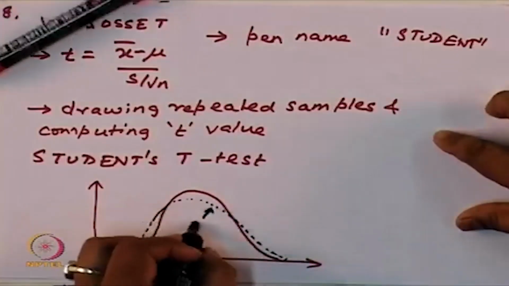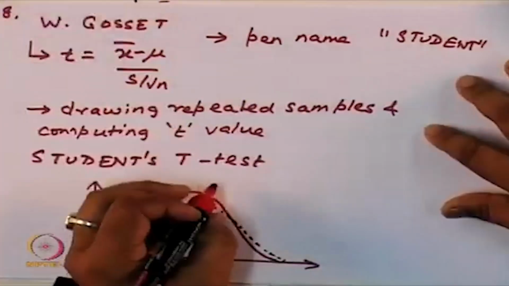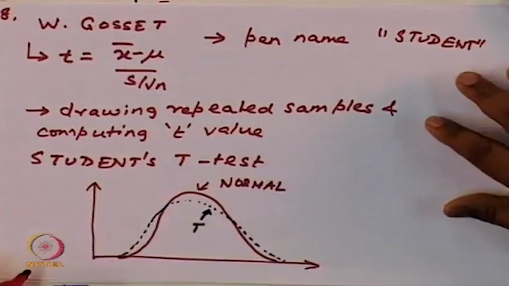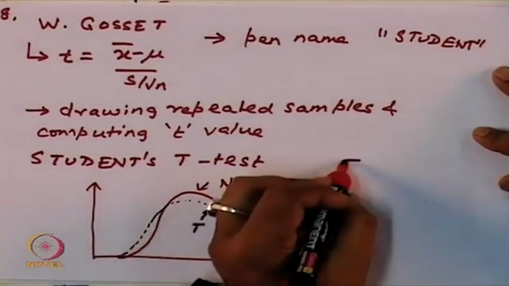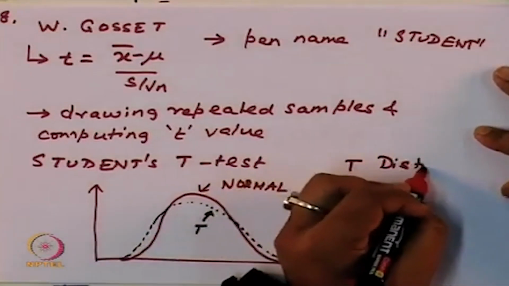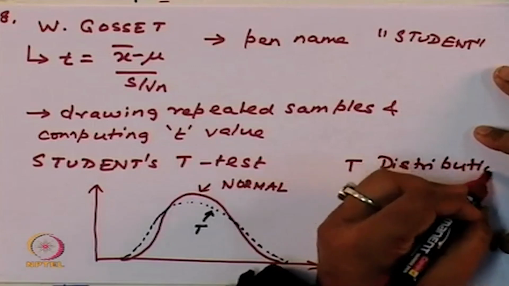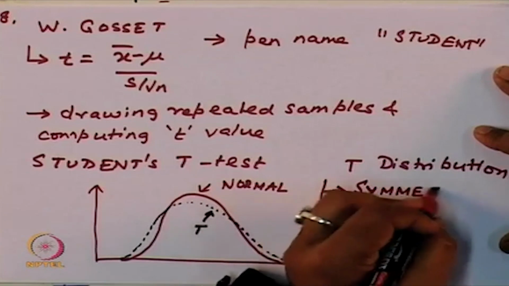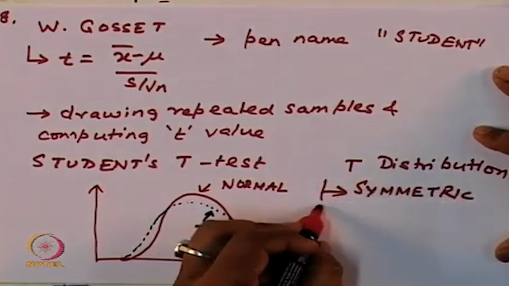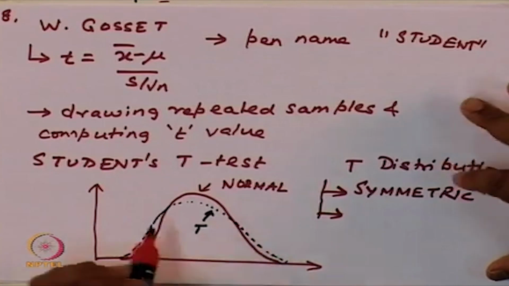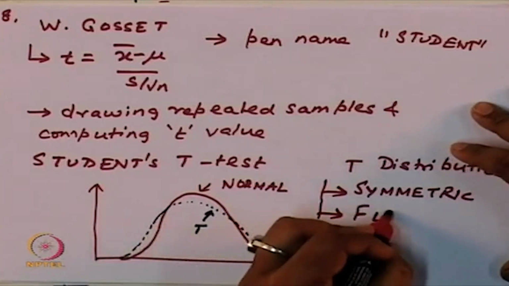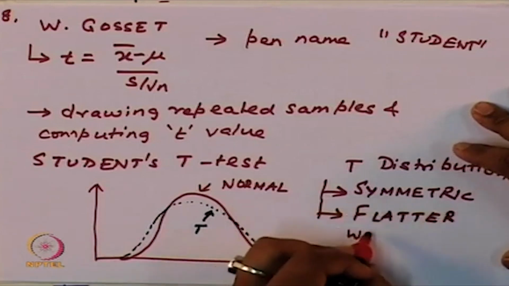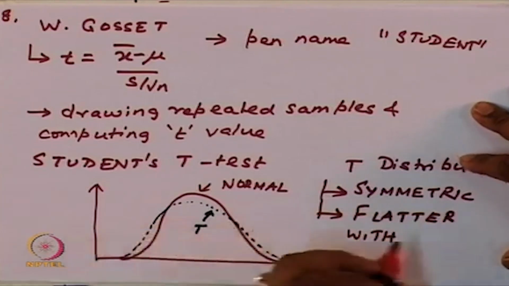This is your T and this is your normal. What you can see is that the T distribution is symmetric, but it is flatter, with heavier tails.